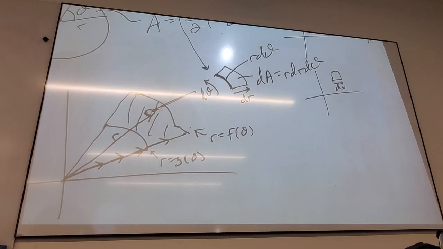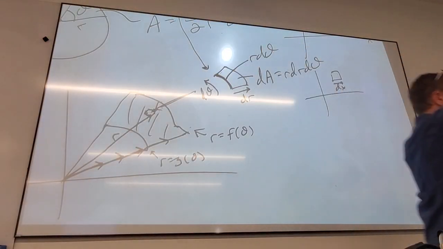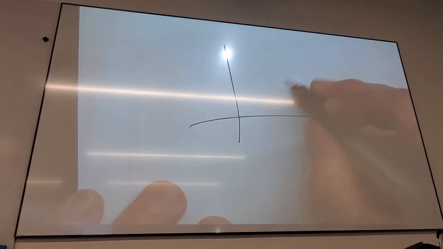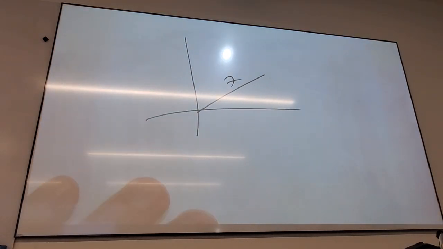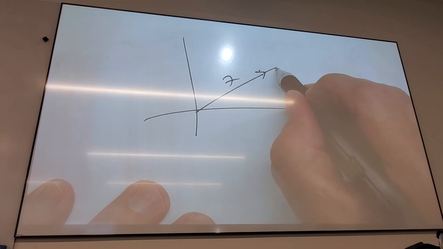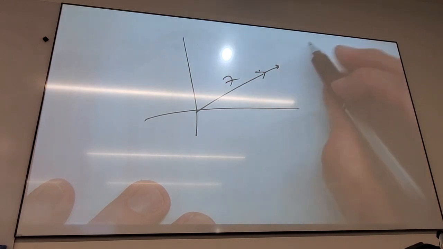Why is it not just dr d theta? But why do we multiply it by r? If I do this by big steps, so let's say I go out 7, and if I go out 1 more, then this length is 1.